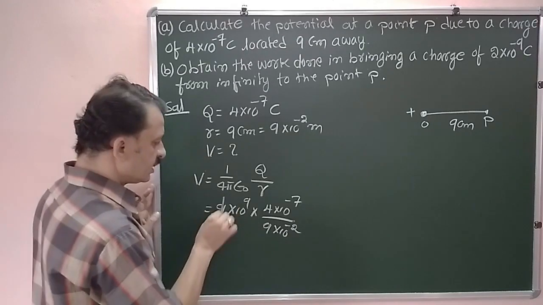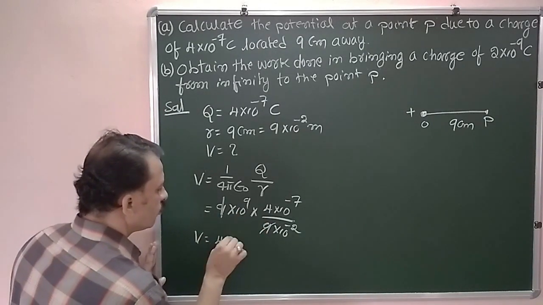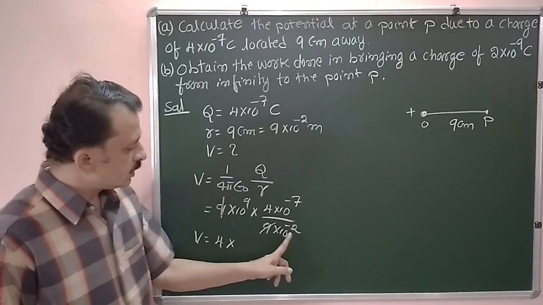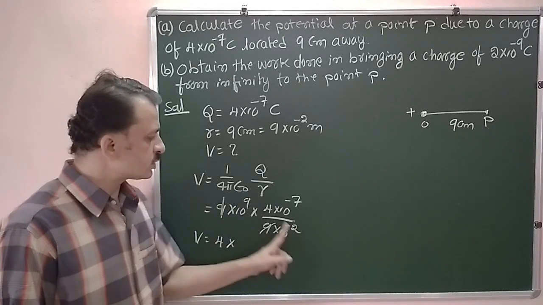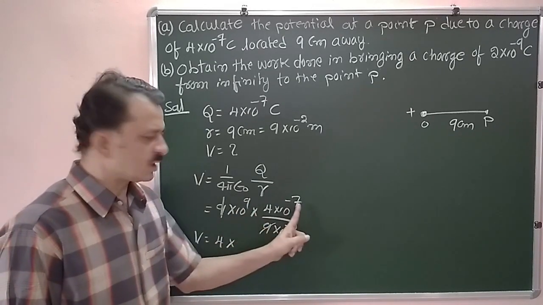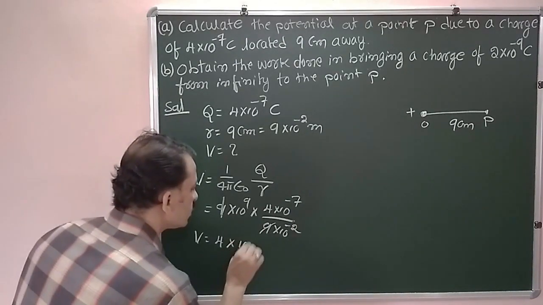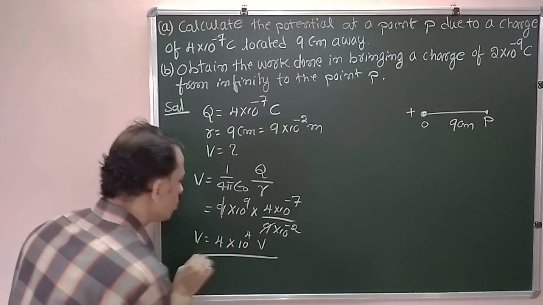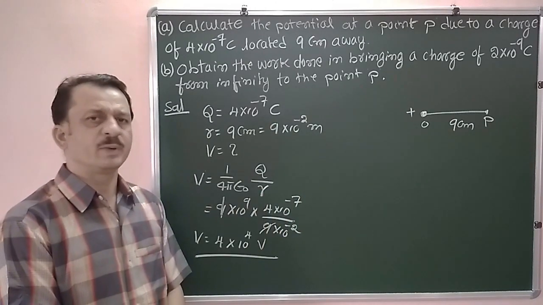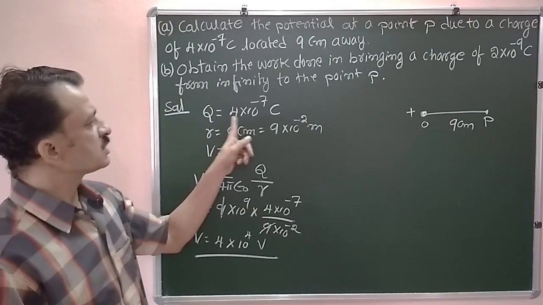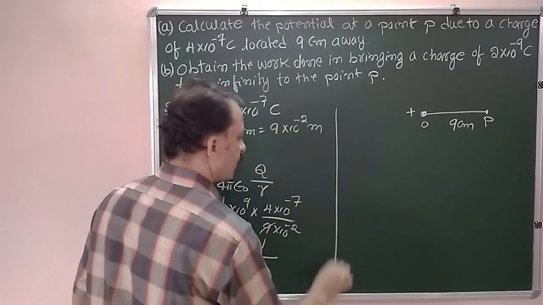So a simple calculation: the 9 cancels. Therefore the potential is 4 into 10 to the power of minus 2 coming to the numerator, it becomes plus 2. 9 plus 2 is 11, 11 minus 7 is 4. So 10 to the power of 4 volts. Now this is the potential at the point P due to the charge 4 into 10 raised to minus 7 coulomb. This is part A.